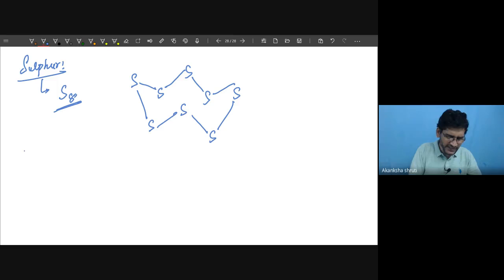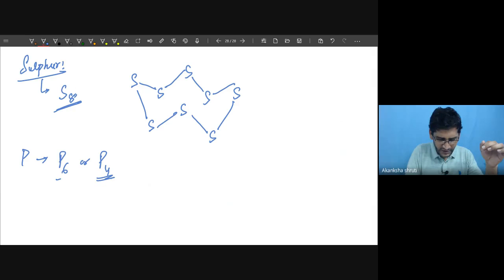Similarly, phosphorus P6 is possible, even P4 is also possible. It means 4 phosphorus or 6 phosphorus just combine with each other. Bigger than this is not possible.